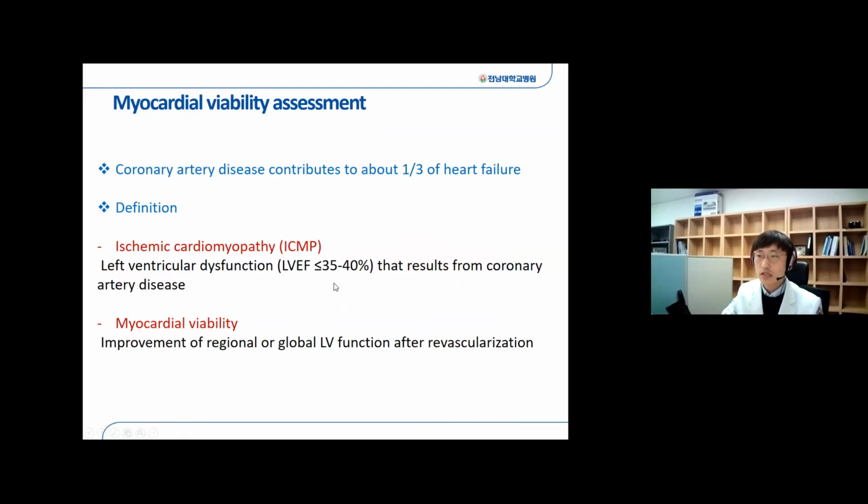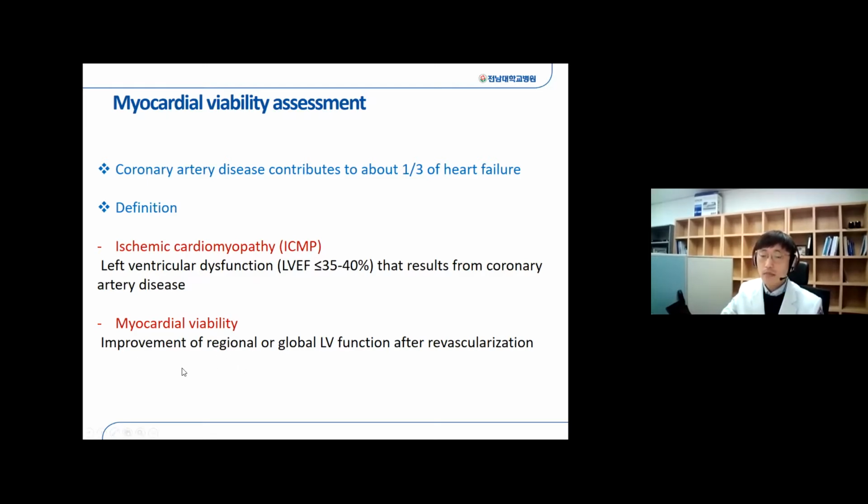So the LV ejection fraction is lower than 35 or 40%, and there should be a high-risk finding of coronary artery disease, such as very high-risk coronary angiography, or very significant ischemia or very large burden of myocardial infarct on myocardial perfusion imaging, PET or SPECT.